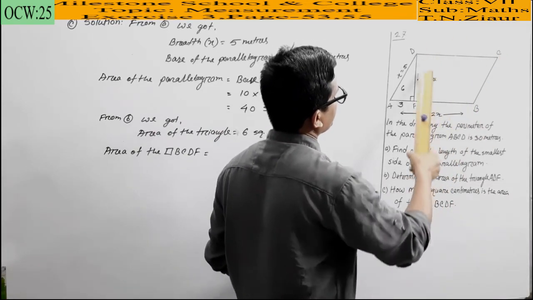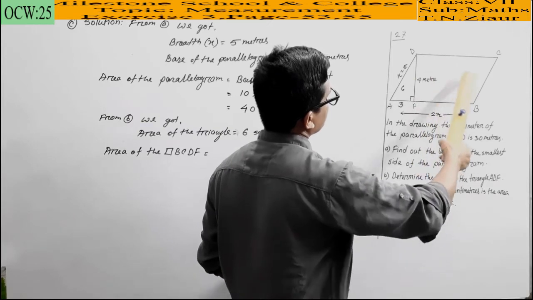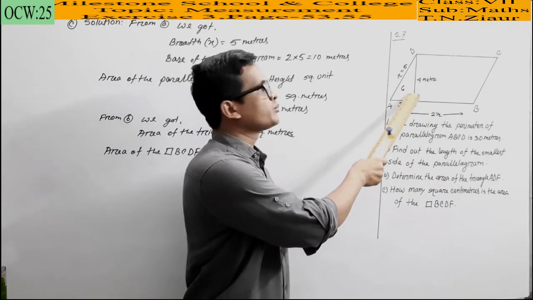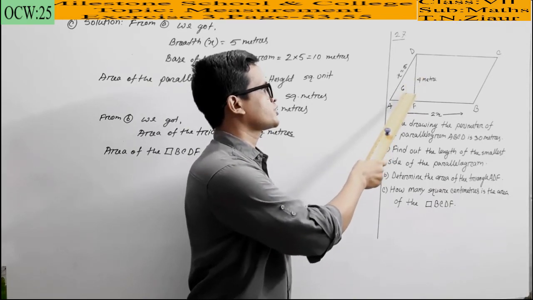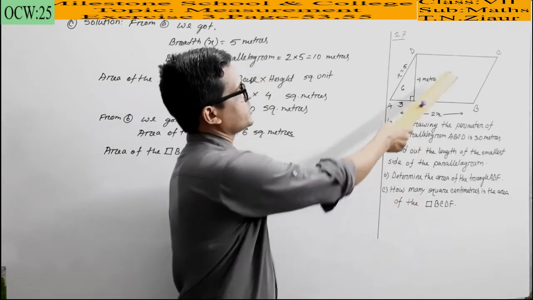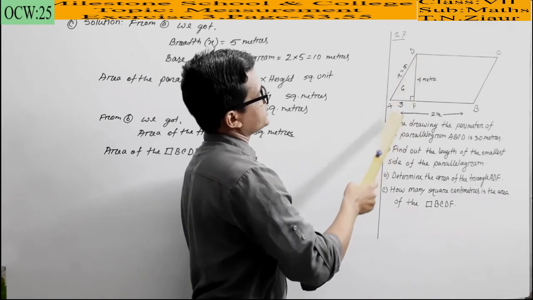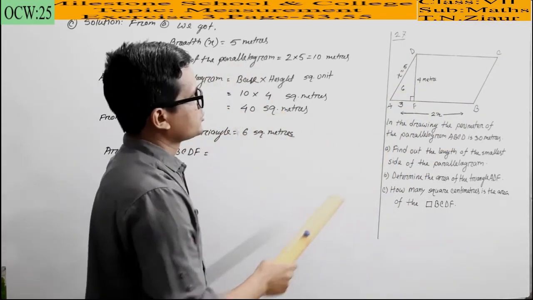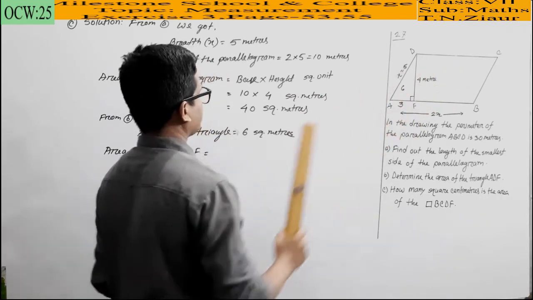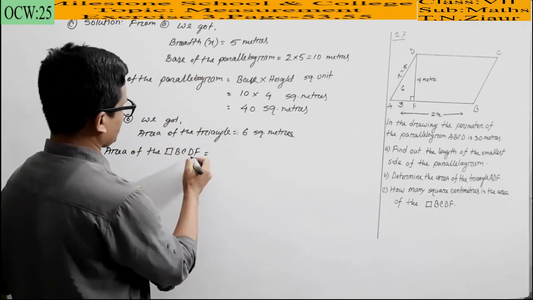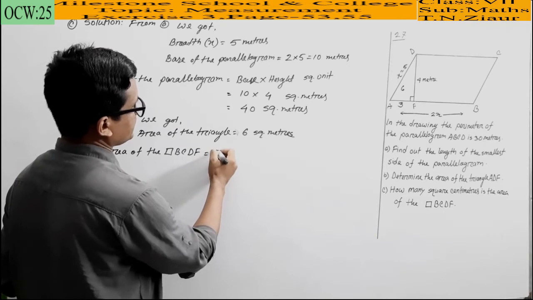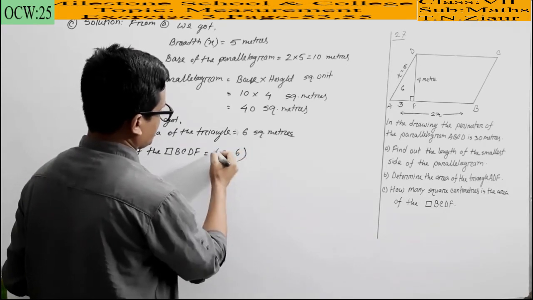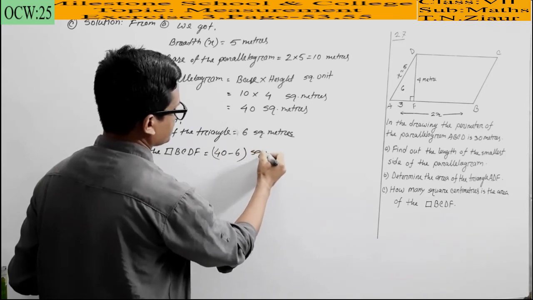The total area, that means the area of the parallelogram ABCD, is 40 square meters, and the area of the triangle only is 6 square meters. So if you subtract 6, then you will get this one. So the area of the quadrilateral BCDF is equal to 40 minus 6, in square meters.